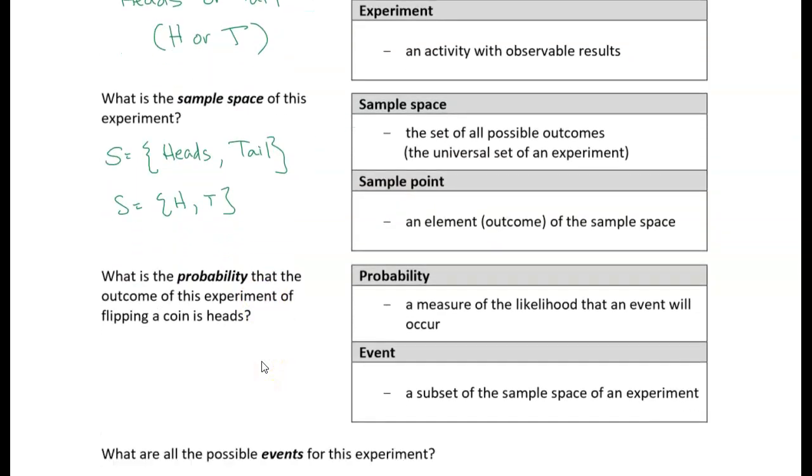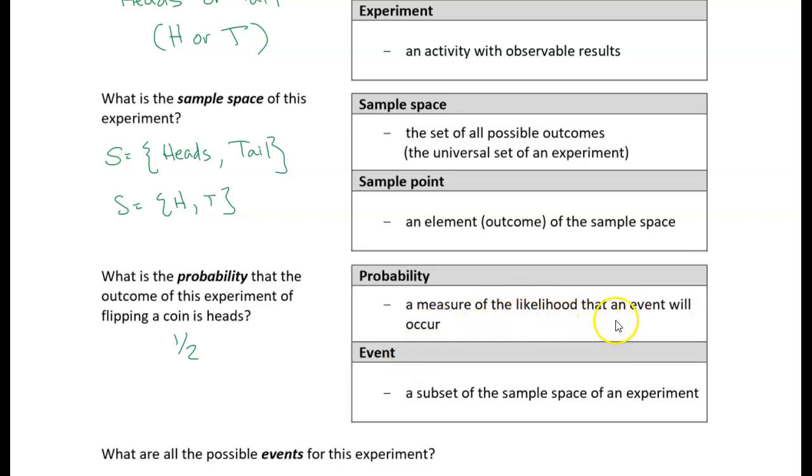What is the probability that the outcome of this experiment of flipping a coin is heads? Well, I bet you know the answer to this too. We haven't even talked about probability yet, but I bet you know it's 1/2, right? It's one of two equally likely outcomes. So the probability is 1/2. All right. What is probability? It's the measure of the likelihood of an event, right?